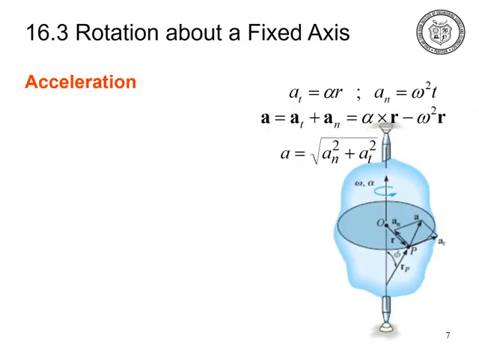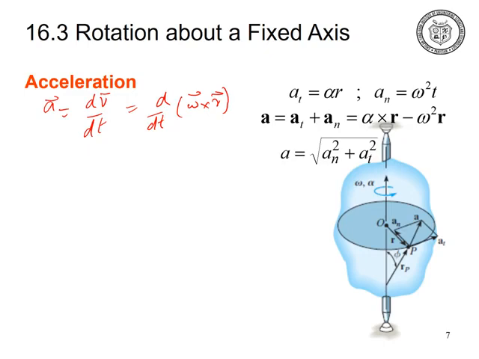In the previous slide we discussed the velocity for the rotation of a rigid body about a fixed axis. Now what will be the acceleration in this case? As we know, acceleration is simply the time derivative of velocity. The velocity is omega cross r, so it will be the time derivative of omega cross r.